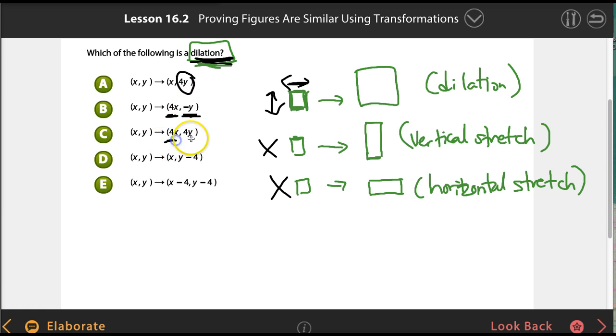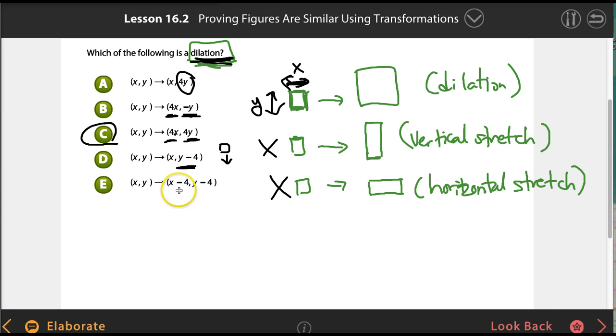So over here, look at this. You're multiplying both the x and the y by the same number. You're pulling it sideways, okay? This is the x-axis and that's the y-axis, and up and down by the same amount. And that is the correct definition of a dilation. As you can see, y minus 4 means you have a shape and you bring it down by 4, right?